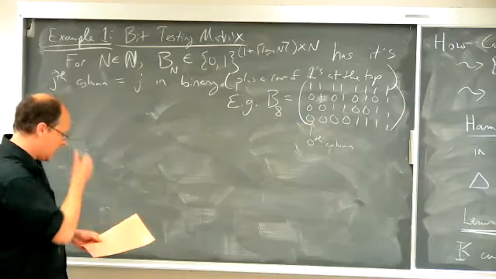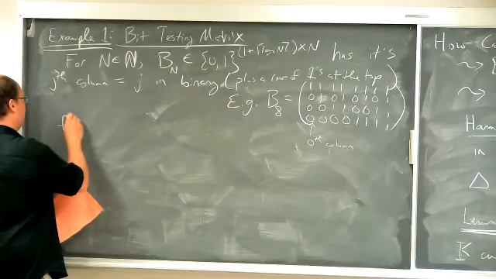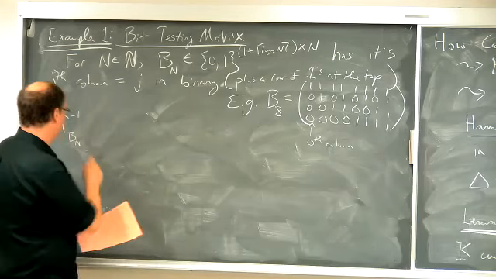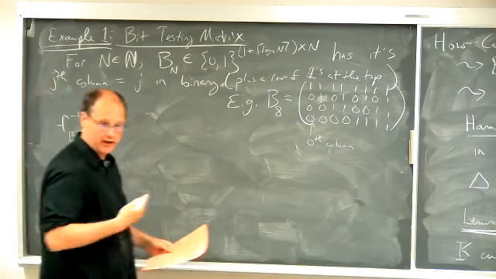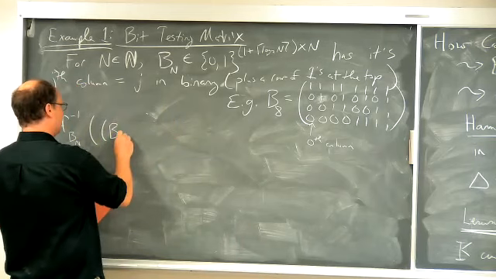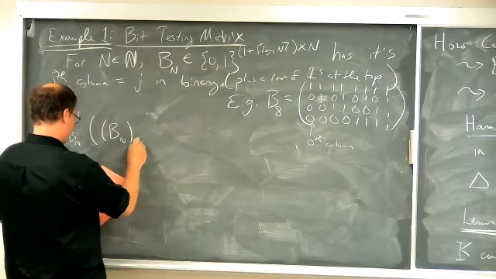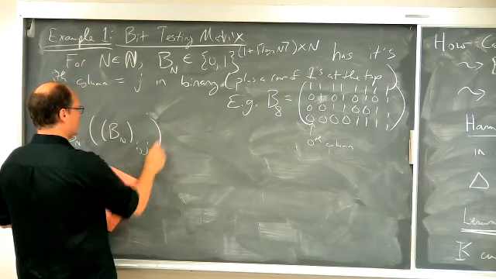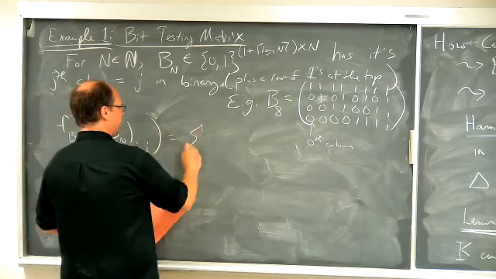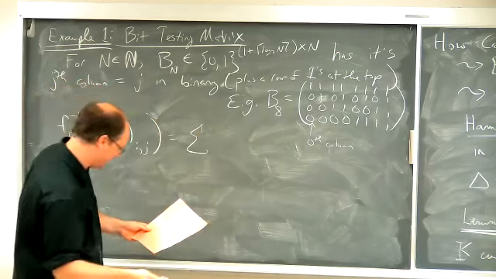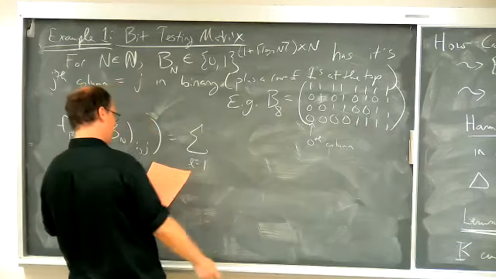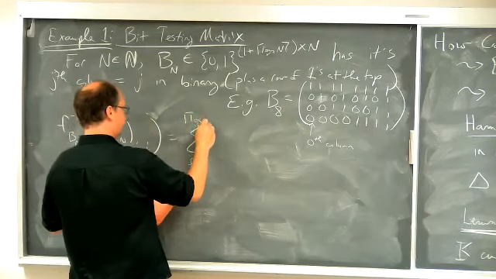Okay. And not only can I generate the entries really quickly, but I can also, given any column of this thing, I can tell you which row it is also using this structure, which is pretty fast. Right. So if you give me the jth row of this thing, I can tell you what it is by just summing up the bits. Right. So what is it? I'm going to start with the first column and read off the bit sequence and add it up and tell you what the bits are.